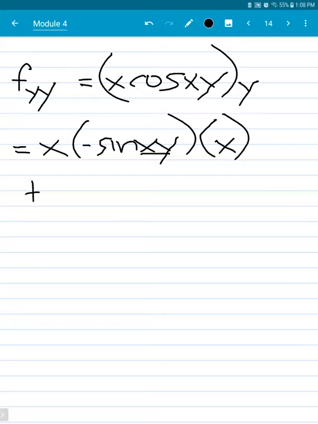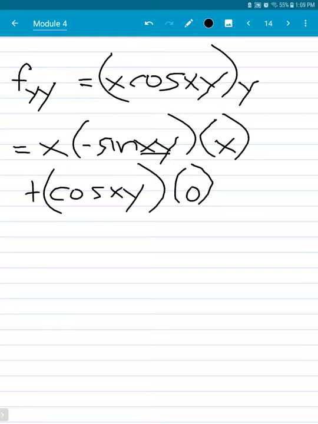Plus the second times the derivative of the first with respect to y, which is 0. And here we get negative x squared minus.